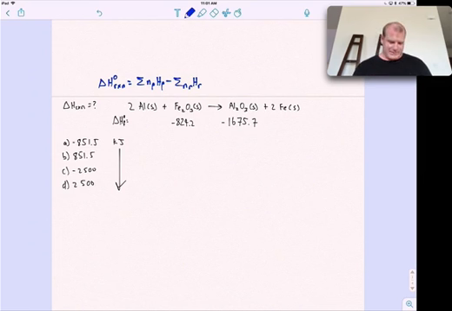It's going to be the sum of the moles of products, enthalpies of products, minus the sum of the moles of reactants, enthalpy of reactants. So our delta H is going to be the heat of formation of sapphire minus the heat of formation of rust.